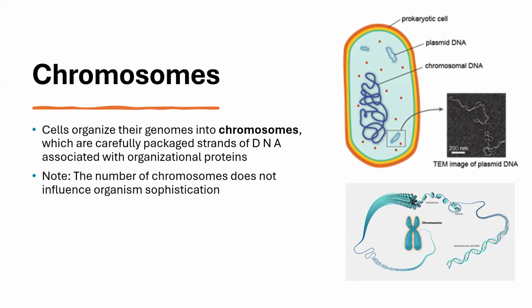Of particular note is that the number of chromosomes does not influence an organism's sophistication. A very complex organism can have a small number of chromosomes total, as opposed to a very simple organism that could have more chromosomes. It's not a direct relationship there.